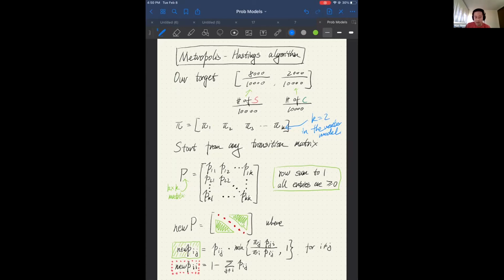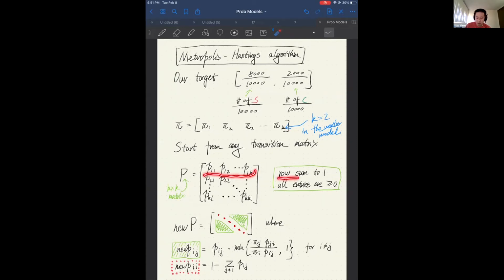So suppose now we're going to have some target, and we call this pi. Okay, and to do this, we can start from any transition matrix, which in this case is going to be a k by k matrix, and it will have some entries, and we require the row sum to add up to 1.